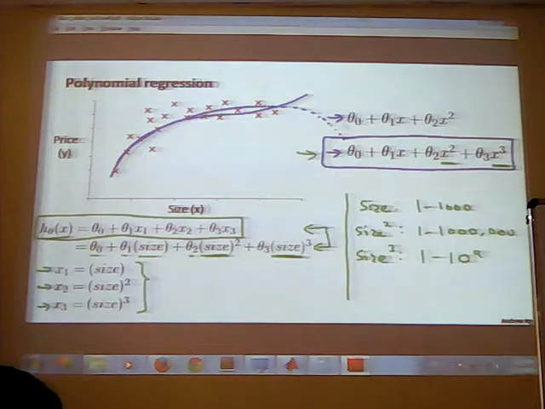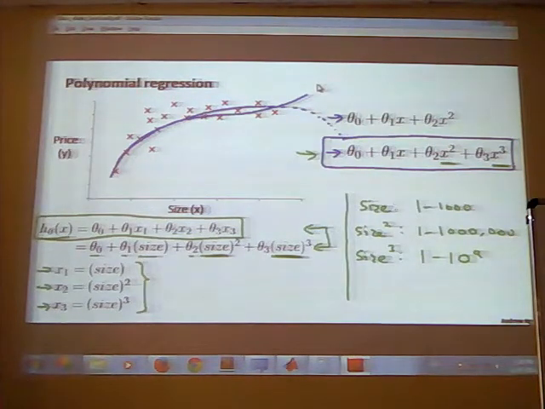So we will drop this one also. We will have another hypothesis, say theta 0 plus theta 1 x plus theta 2 x square plus theta 3 x cube, a cubic one. How is the cubic one going to fit? It will be like this, increasing.